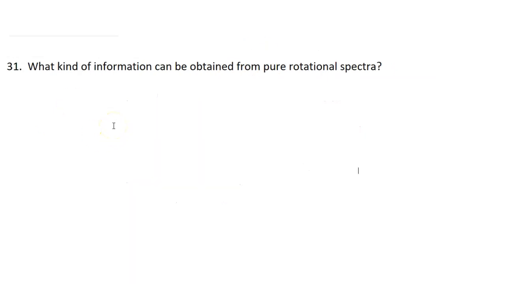What kind of information can be obtained from pure rotational spectra? So in these cases, we calculate rotational constant, that is B is equal to h by 8 pi square Ic. So if we know B, other parameters are known, if we know the type of molecule, so we can find I from this.